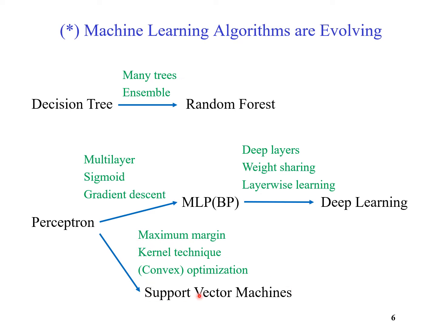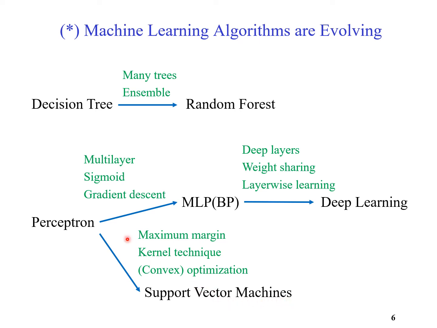So in support vector machine, it uses maximum margin, and also it uses kernel technique to handle nonlinear classes, and also it uses optimization techniques. By using these techniques, perceptron becomes support vector machines.